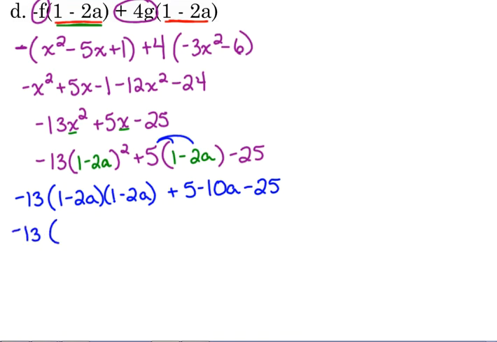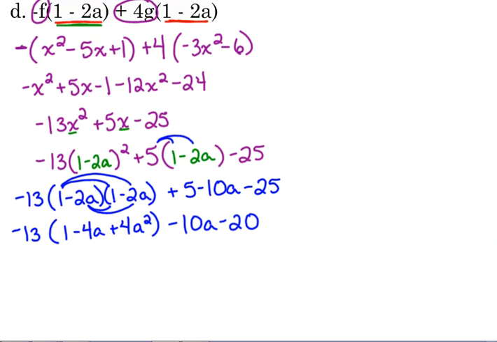Whatever method works for you, I do not care. 1 times 1 is 1. Outside and inside give me the same thing, negative 2a and negative 2a, so I have negative 4a. And then my last two terms, negative 2a times negative 2a. At the end, I like to make sure it's in standard form. So I'm going to write my minus 10a first. 5 minus 25 is negative 20.